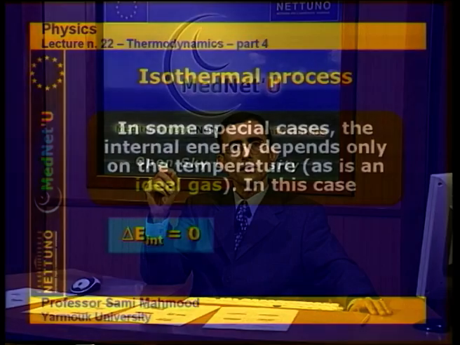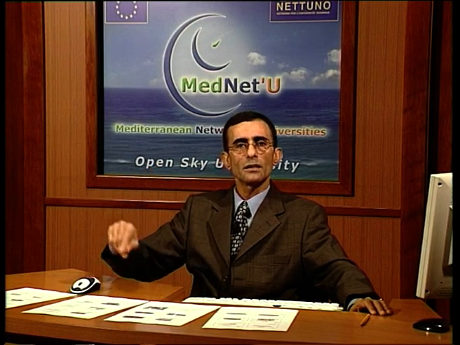If we take the system from an initial state to a final state, keeping its temperature constant, then the change in the internal energy of the system is zero, or vice versa. If the internal energy of the system is fixed through a process, then that means the process is an isothermal process.